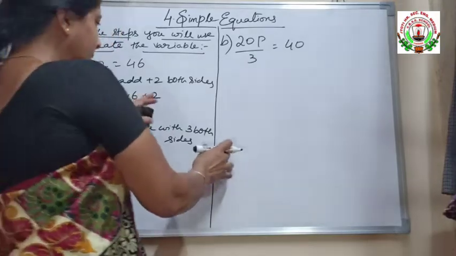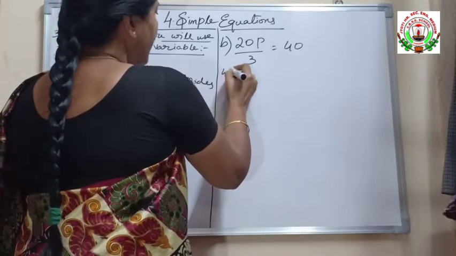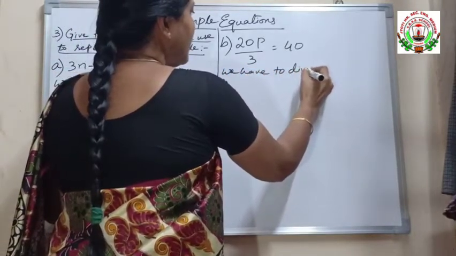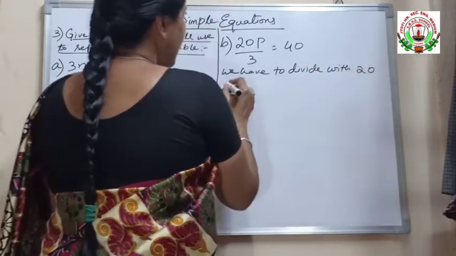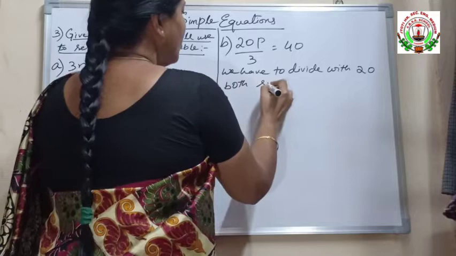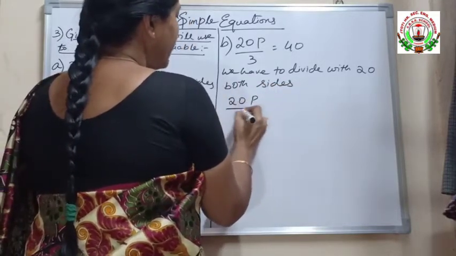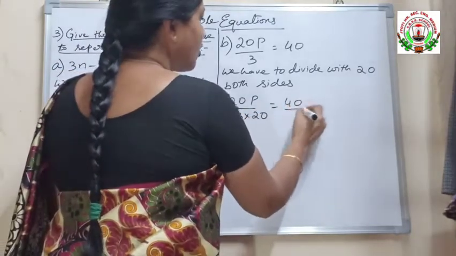So this will become, we have to divide with 20 on both sides. So this will become 20p by 3 into 20 is equals to 40 by 20.